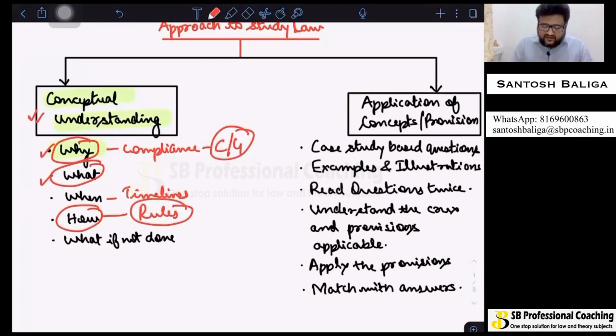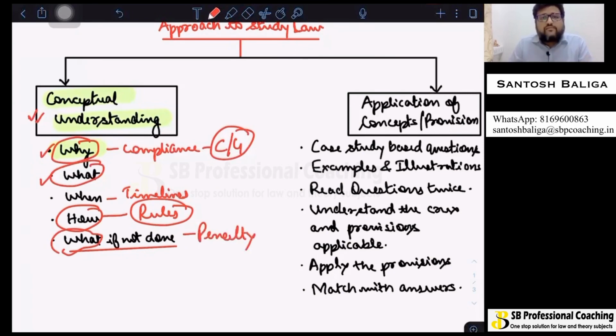And lastly, since law is something which has to be adhered to by the company or the person to whom the law is applicable, we should also know if the provision is not adhered to, it is not complied with, then what happens in that situation? So there might be a penalty or even a punishment for the same.